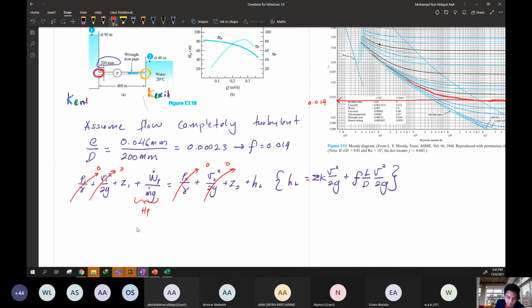So from here, you have Z1 and Z2. Rearrange the equation: the head of pump is equal to Z2 minus Z1 plus heat loss.